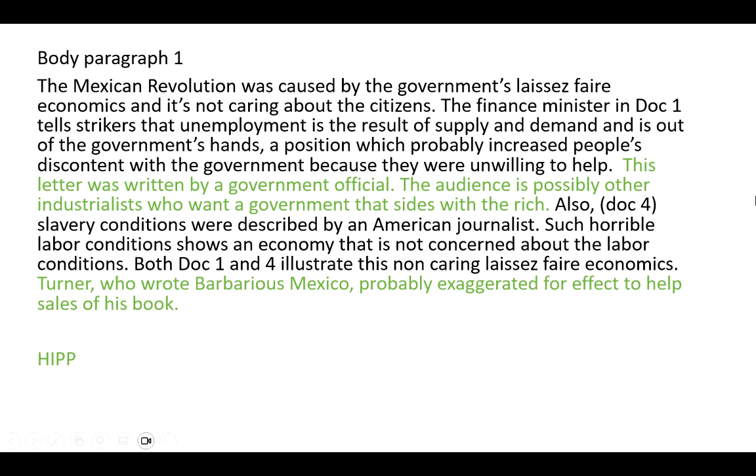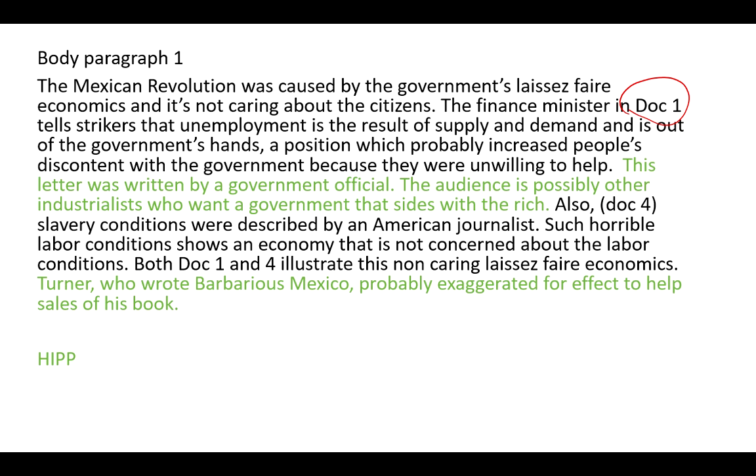Notice I'm talking about document 1, and then I describe what document 1 said, and then you say, so what? First of all, I got a topic sentence: the Mexican Revolution was caused by the government's laissez-faire economics and its not caring about the citizens. That's my topic sentence.